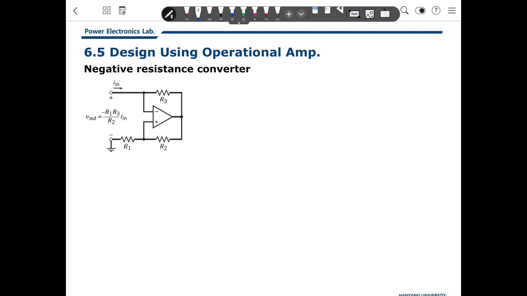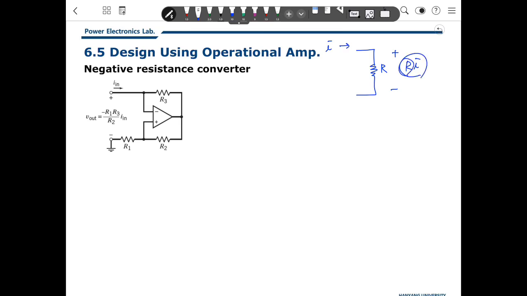This is a negative resistance converter. Because we have the resistor here, R. Then if current flows here, that will be R I. This is the general relationship for a resistor.